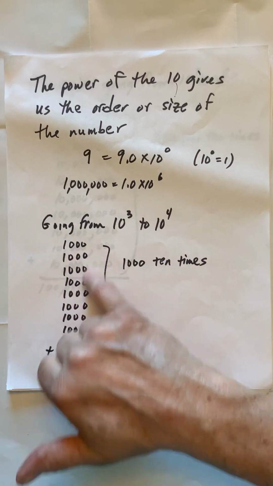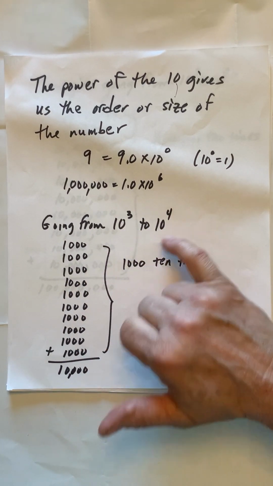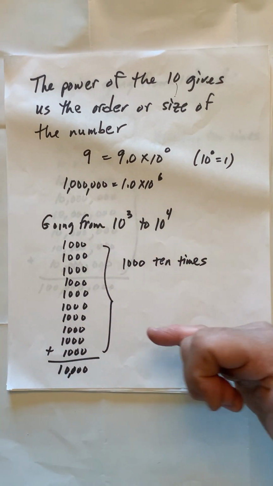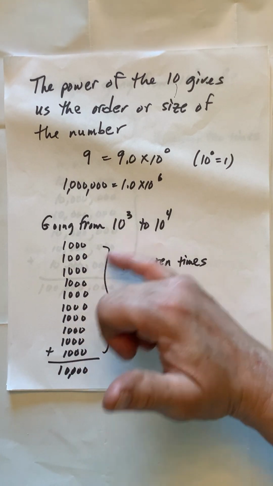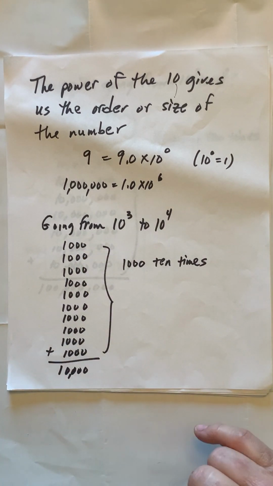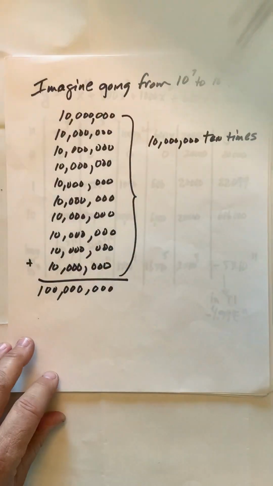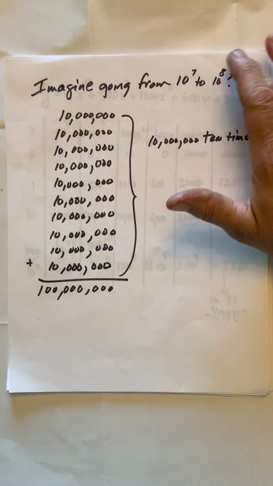10 cubed is 1,000. And if you go from 10 cubed to 10 to the 4th, you're really saying I have 10 cubed, or 1,000, 10 times. So 1, 2, 3, 4, 5, 6, 7, 8, 9, 10. When I add 1,000 10 times, there's my 10,000. So that's a huge difference, right? It's huge. Imagine then going from slightly bigger numbers like 10 to the 7th and 10 to the 8th.